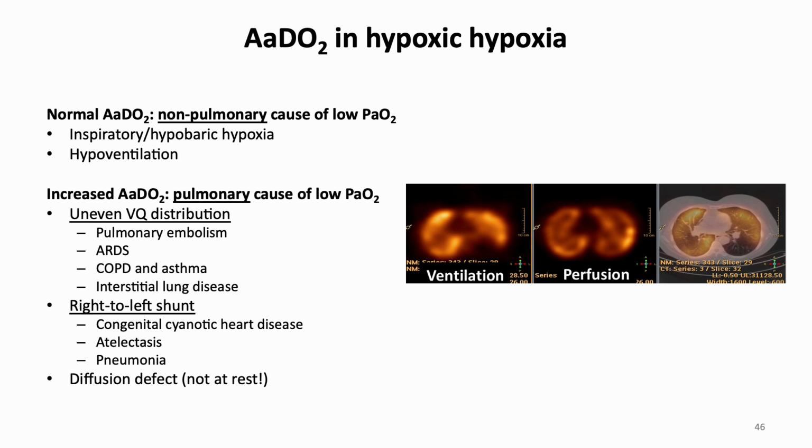So even in interstitial lung disease, where there's an increased thickness of the blood gas barrier, an increased distance from the alveoli to the capillaries, it's not the main mechanism of hypoxic hypoxia. It is actually an uneven distribution of ventilation relative to perfusion.